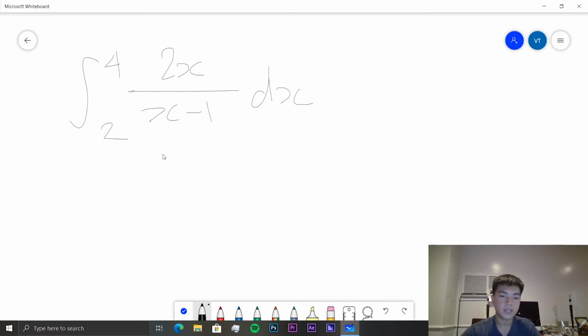So this should be equal to 2 plus 2 over x minus 1, since 2x is equal to 2 times x minus 1 plus 2. So yeah, now we can integrate this. Okay, so just partial fractions trick.